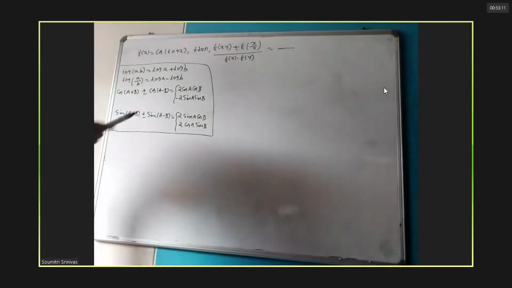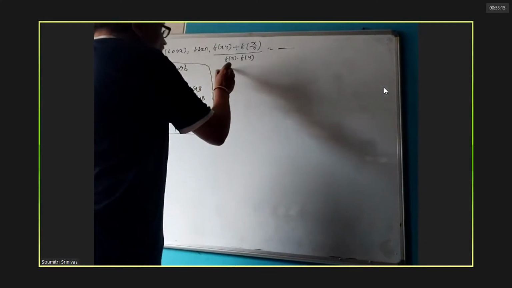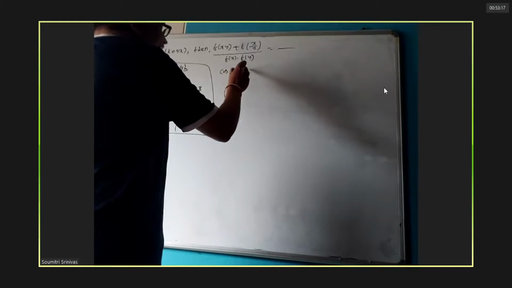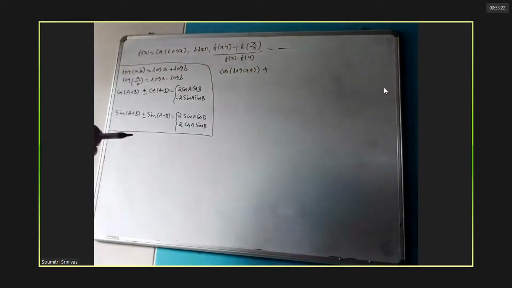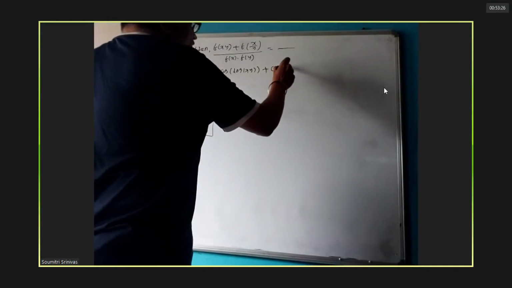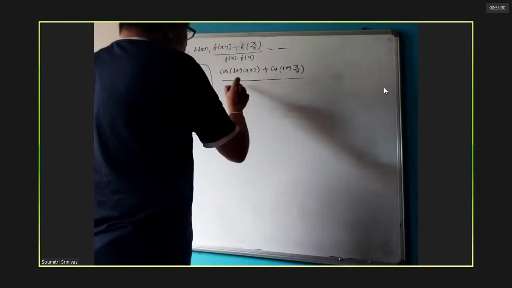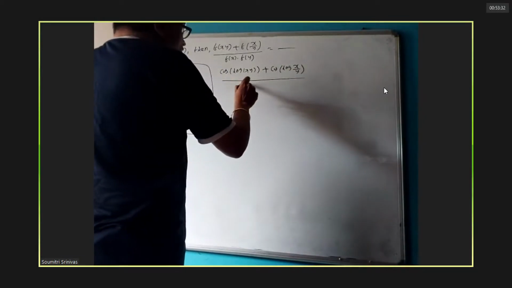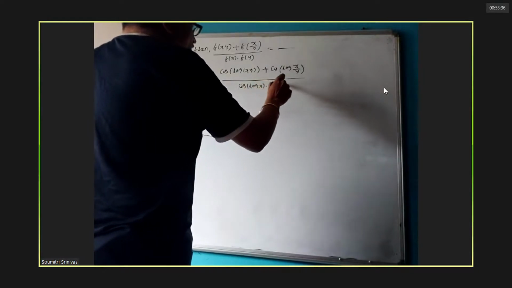What is f of xy? Cos of log xy plus f of x by y, cos of log of x by y. Denominator cos of log x into cos of log y.